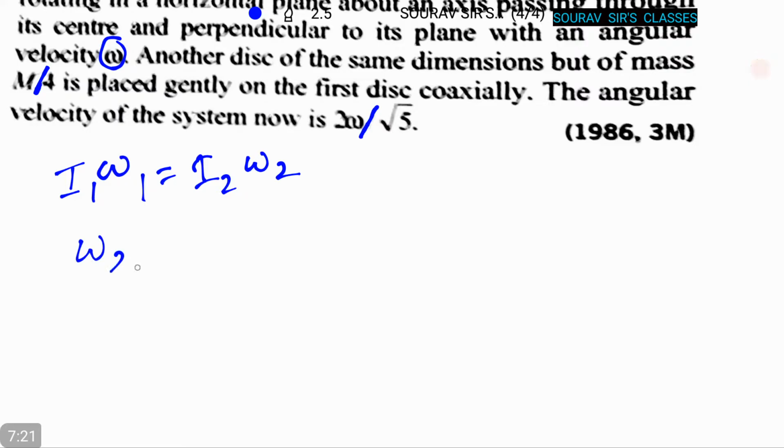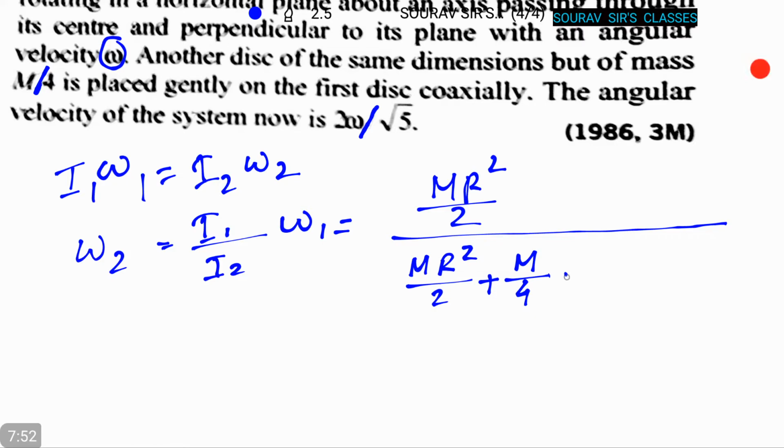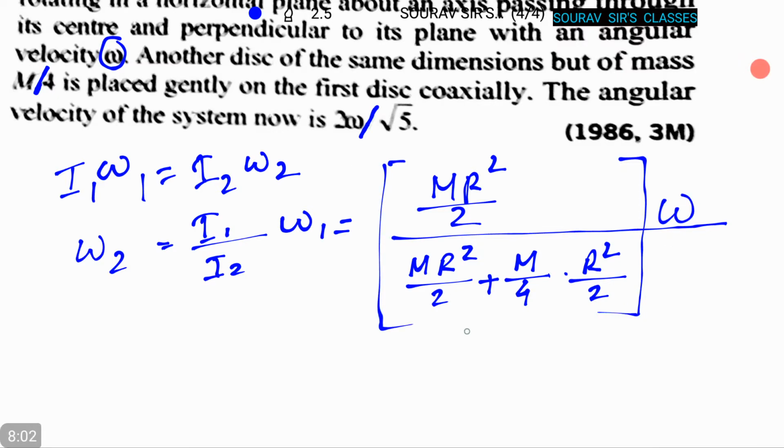Now from this we can write omega 2 is equal to I1 by I2 into omega 1, and putting the dimensions we can write it as (m r square by 2) divided by (m r square by 2 plus m by 4 into r square by 2) into omega, that is equal to 4 by 5 omega.